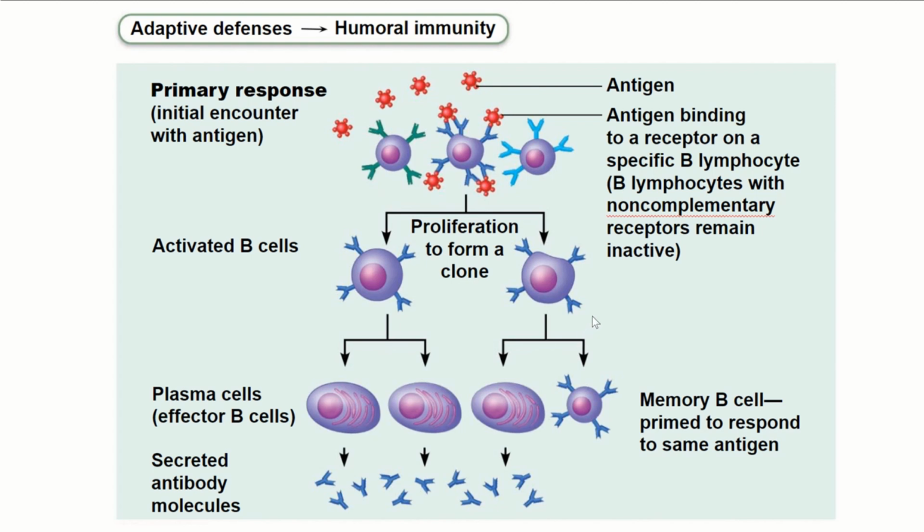Once we have activated B cells and we have either become a plasma cell or we've become a memory B cell, those B cells are going to hunt down those antigens. They're going to start looking for them. And anytime they come in contact with this antigen, it now knows what it needs to do.